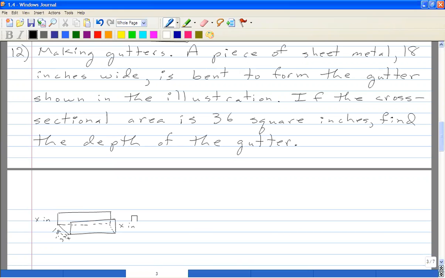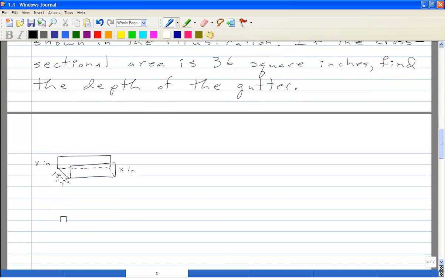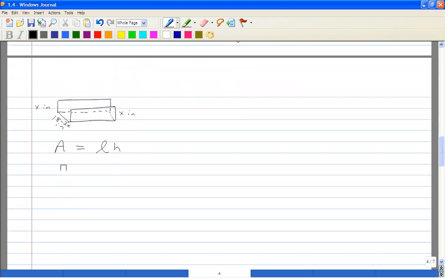So you want here that this area here is 36. And so the area of a rectangle, this is a rectangle at this end, is just length times width, and so I have that x times 18 minus 2x is equal to 36.